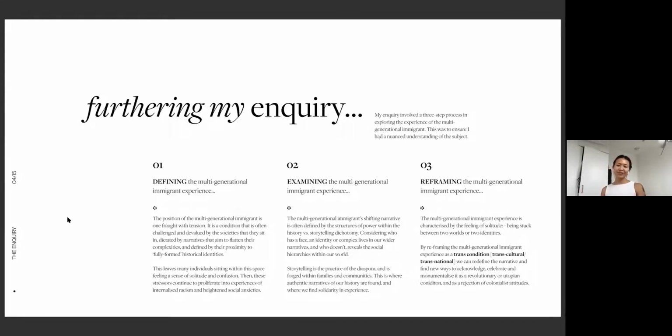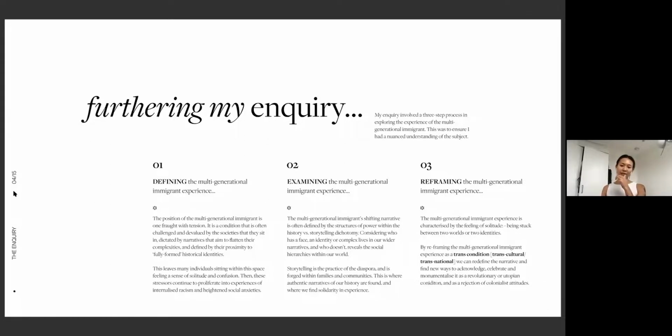On the other hand, I found storytelling was a practice where I found authentic narratives, within the families and communities of diaspora and multi-generational immigrants. That's where I found almost a solidarity in our experiences and our history. So the next step was a way to reframe the immigrant experience and recharacterize how we perceive this identity, from inside the community as well as outside.